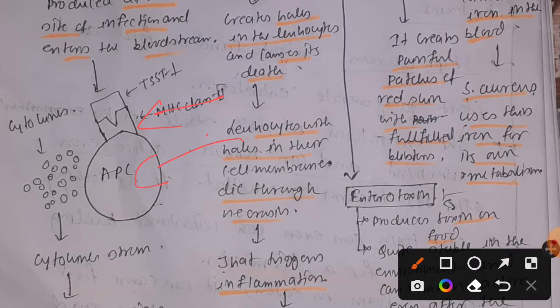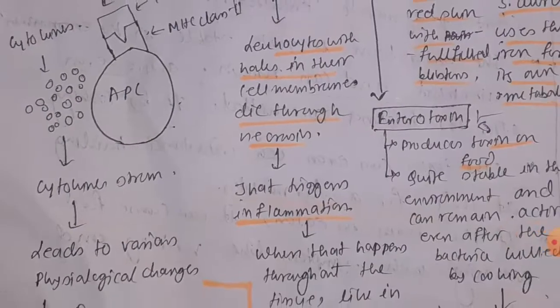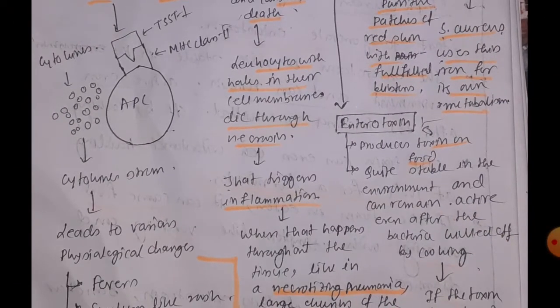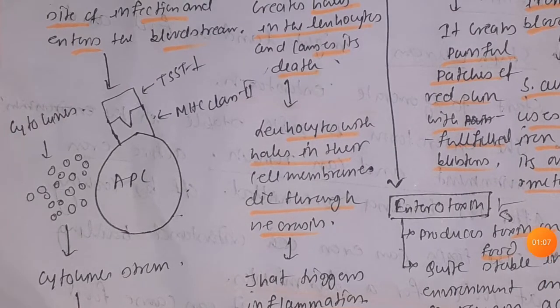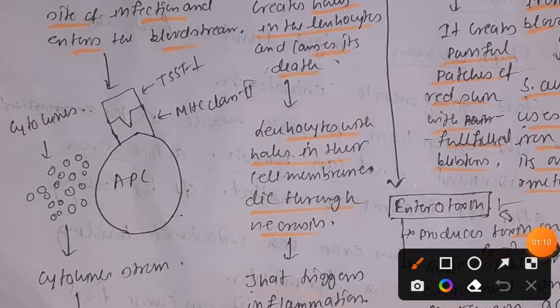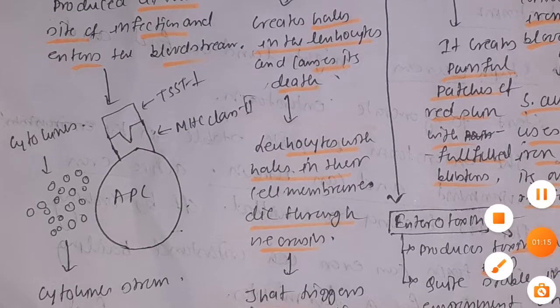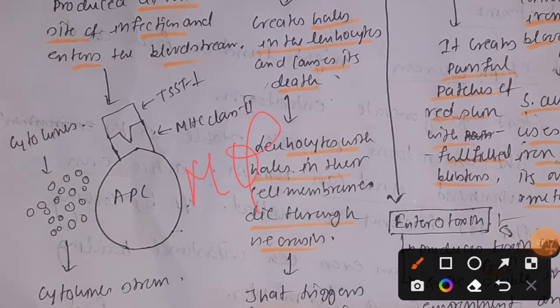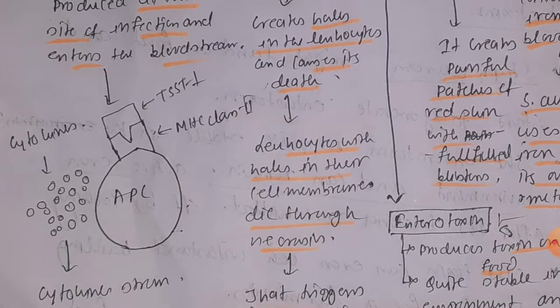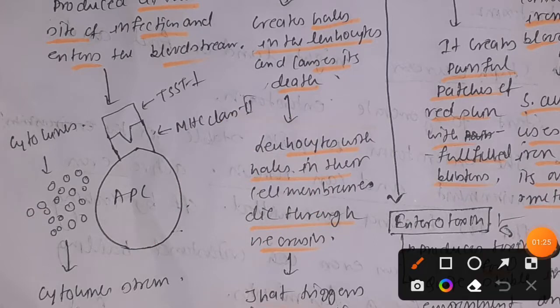an antigen presenting cell. I hope you know what an antigen presenting cell is: whenever a foreign antigen enters our body, it will first be recognized by, suppose, a macrophage, which is an example of an APC. The macrophage will present a part of that antigen, which is a small peptide, to the rest of the immune cells in our body.